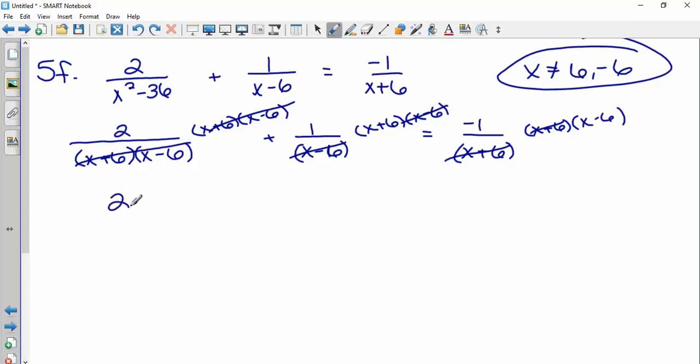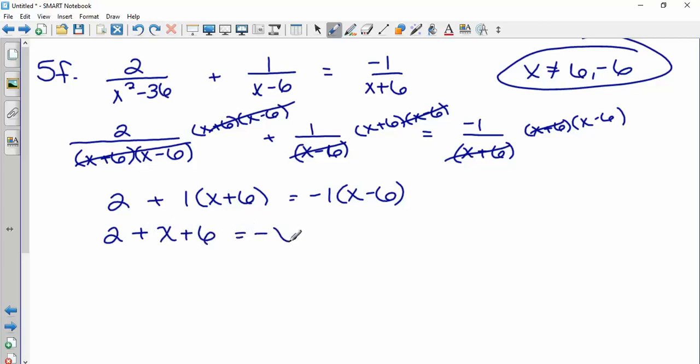So we are left with 2 plus 1 times the x plus 6 equals -1 times the x minus 6. So we distribute.